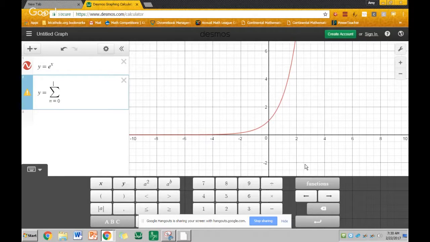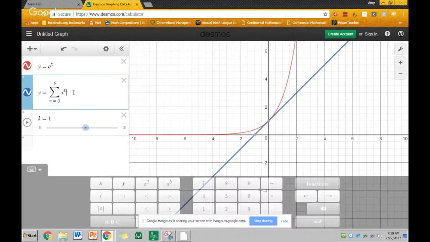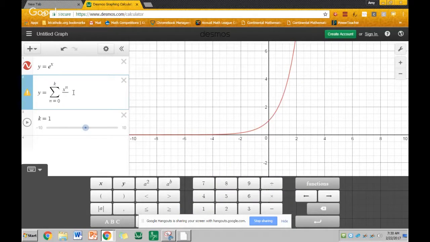And I'm going to use a slider here, k, and we said that was x to the n, and I want to insert the slider, divided by n factorial. All right, so what happens, do you see, when k is 1 and I have only one term in my equation there?